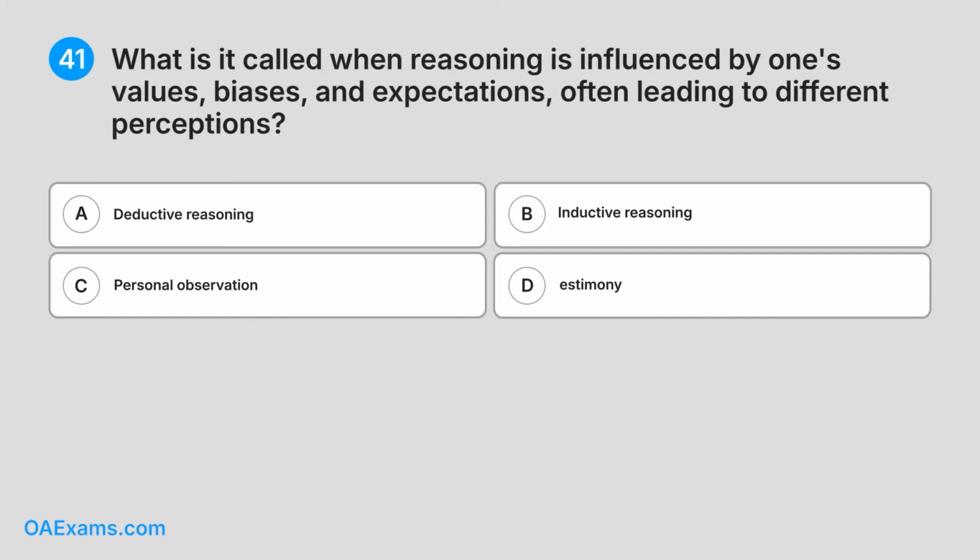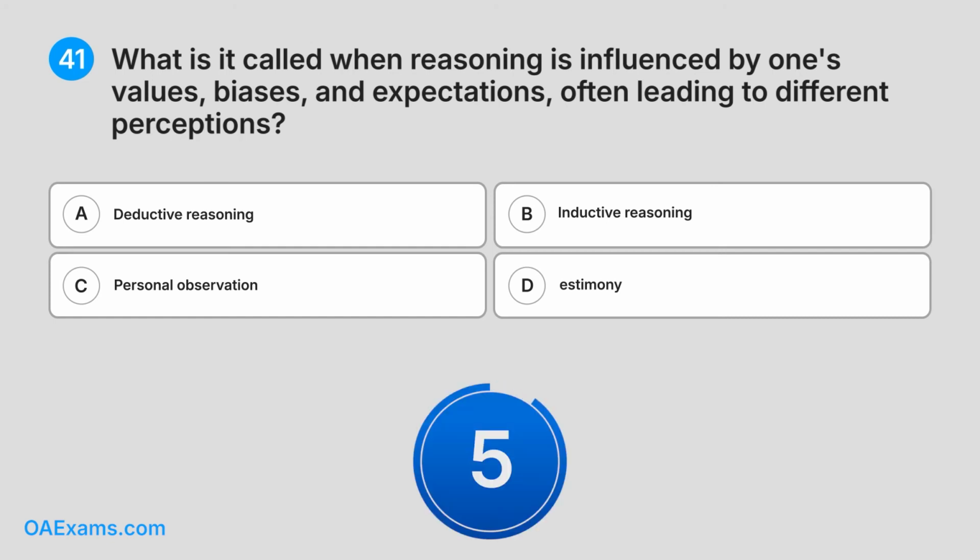1. What is it called when reasoning is influenced by one's values, biases, and expectations, often leading to different perceptions? A. Deductive reasoning. B. Inductive reasoning. C. Personal observation. D. Testimony. Do you know the answer?